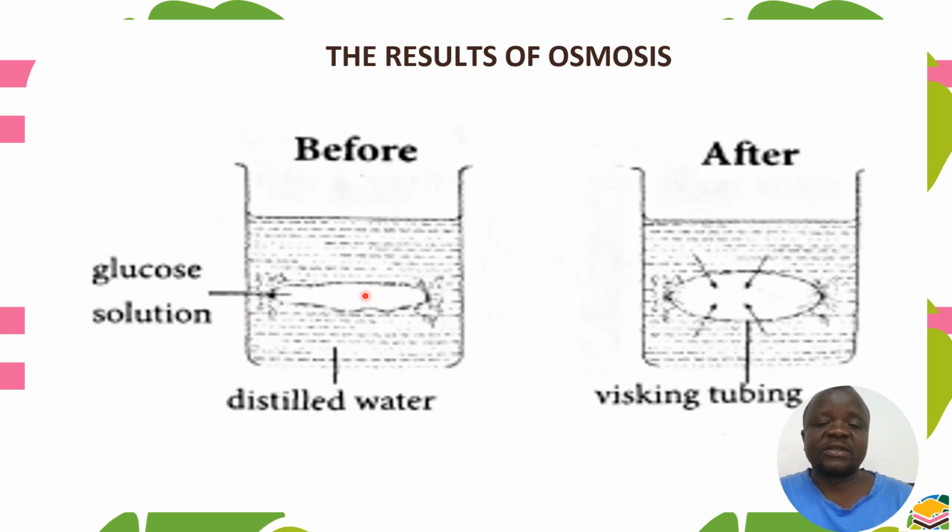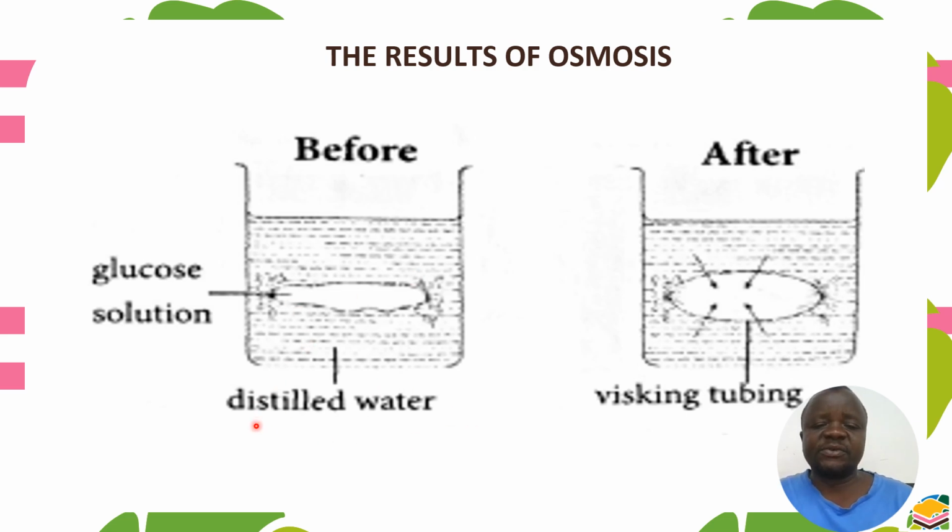Now here there is glucose inside the Visking tubing, so this is a Visking tubing, and indeed this one is a beaker. The whole of this beaker is filled with water, and indeed this is water, but only here we have the Visking tubing. So the Visking tubing is acting as a semi-permeable membrane which can allow some molecules to enter the Visking tubing and others not allowed.